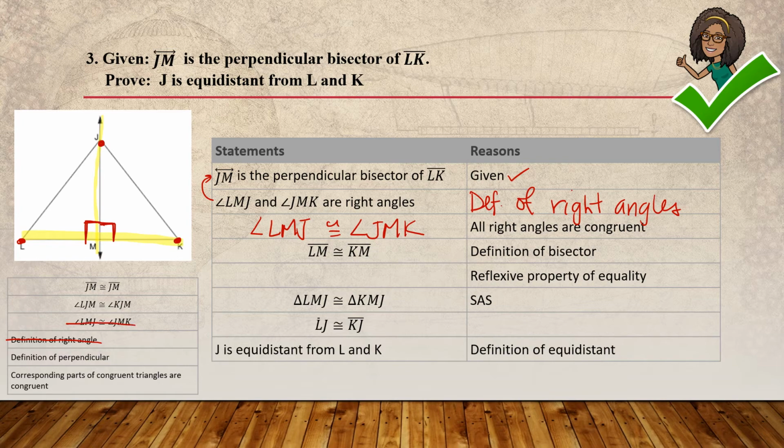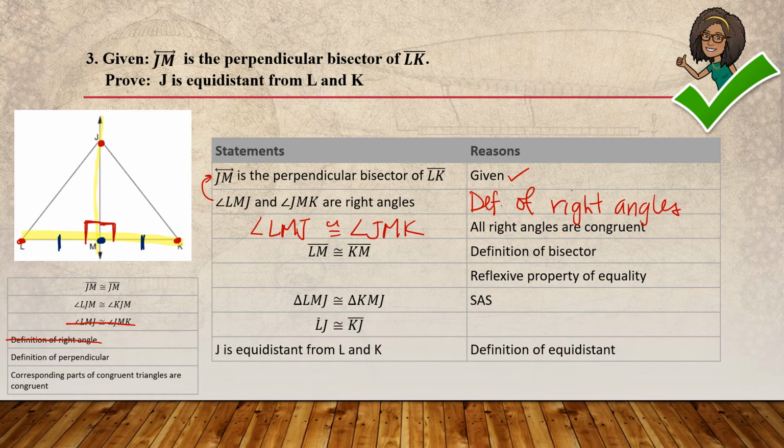All right, so we also see here that it's given to us that lines LM and KM are bisectors, right? So if I have a perpendicular bisector, that means it bisects right at the center of the line segment LK. So that means L to M is the same distance as from K to M.